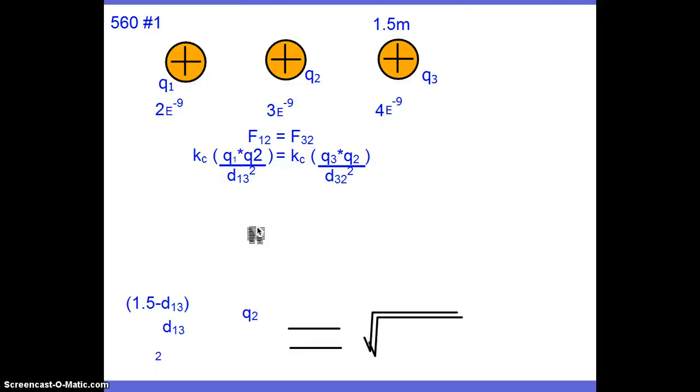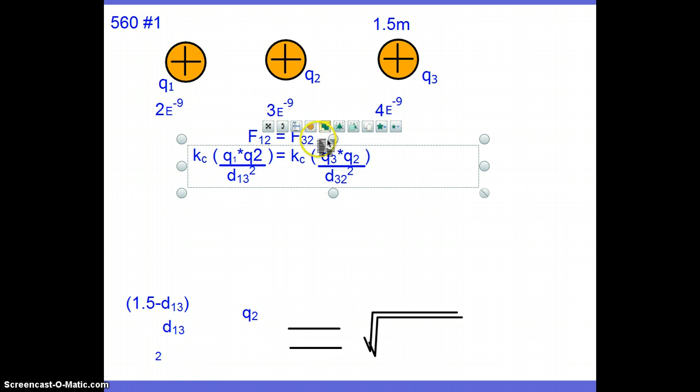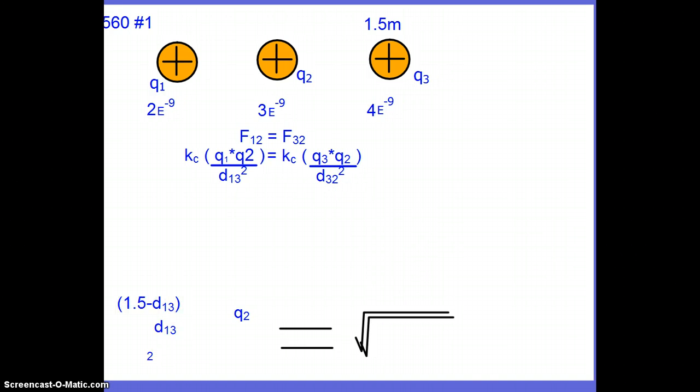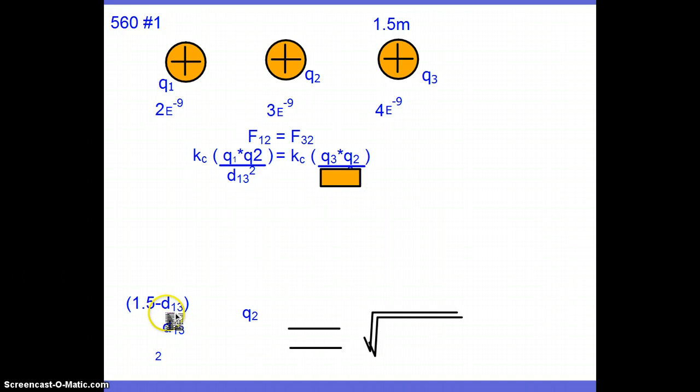Alright, so our next step is to make our equation fit what we're doing here. Let me ungroup here. And what's going to happen here is I'm going to block out a distance here because we need to set our distances right. And if this is distance 1, 3, then this distance here is the 1.5 meters minus distance 1, 3.